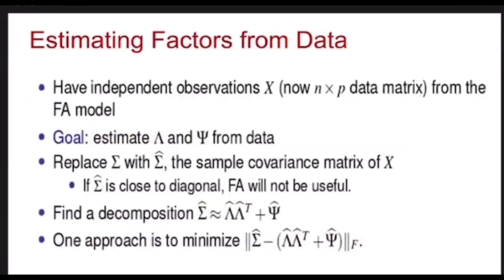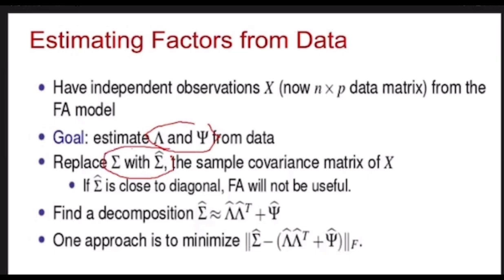Now, how do we estimate factors from data? We want to know what is the possible number of factors that will be reasonable. Now, if you have your FA model, the goal, don't forget, is to estimate these two guys. And we're actually going to replace the population covariance with the sample covariance.